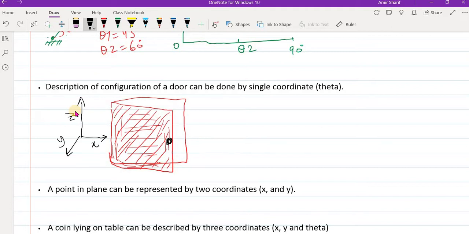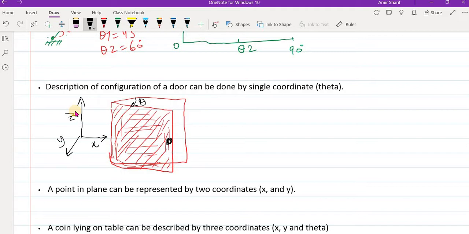It opens this way and closes this way, so we can describe its motion by the angle theta here. Because it has only one motion, only one variable is required for its configuration.